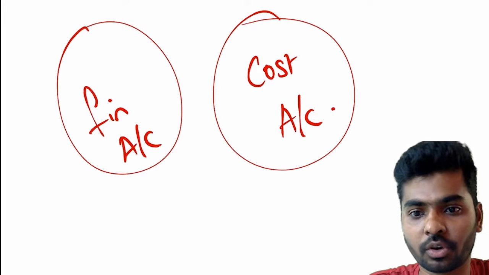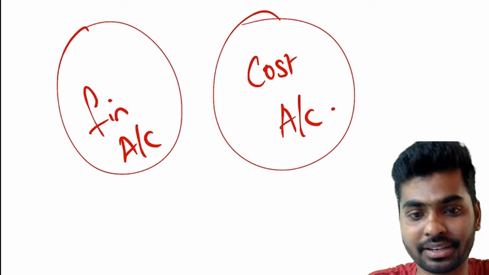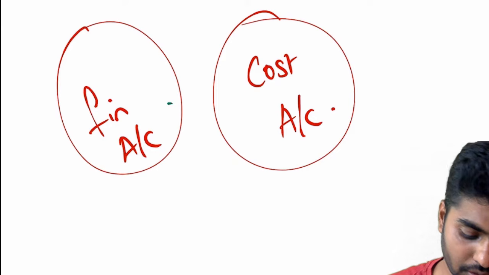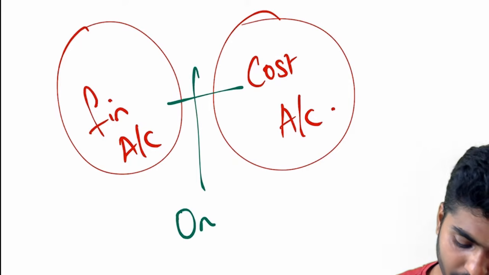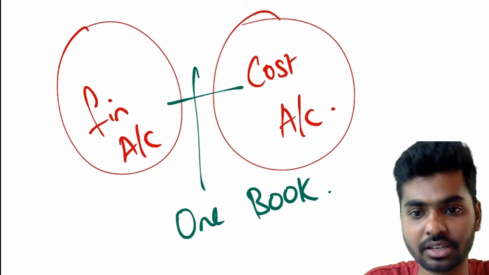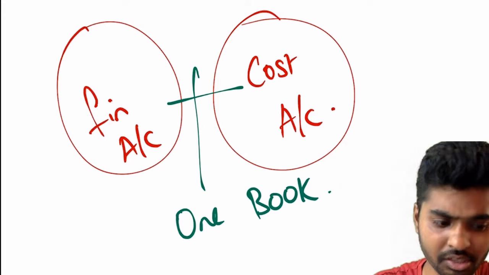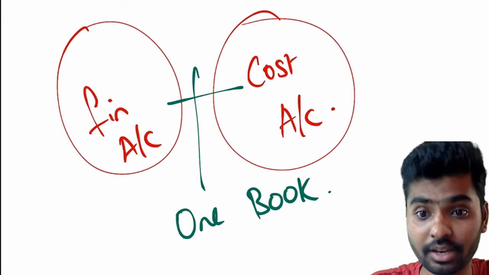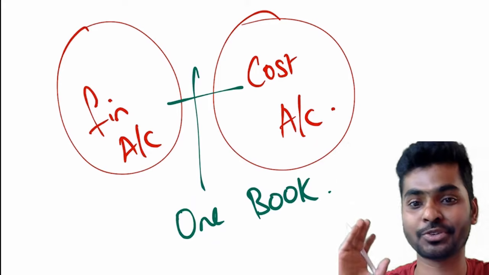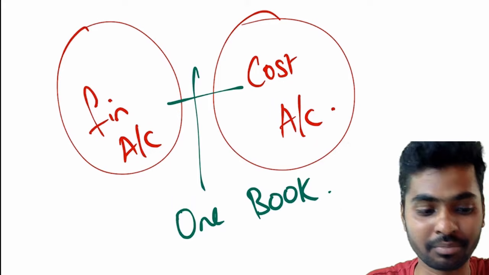There are two books that we maintain and both are separate. Now when I do integrated accounts, together I will maintain only one book. The word integrated itself means integrating financial accounting with cost accounting so that I have one input for all my accounting purposes. I don't have to use multiple inputs.